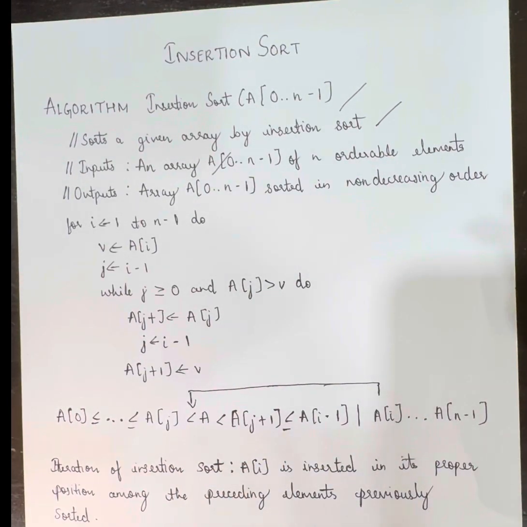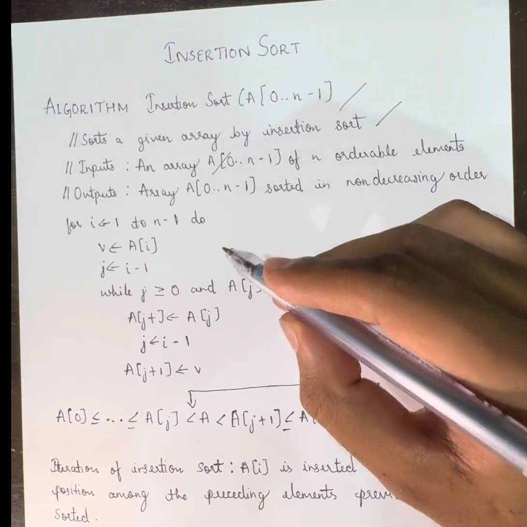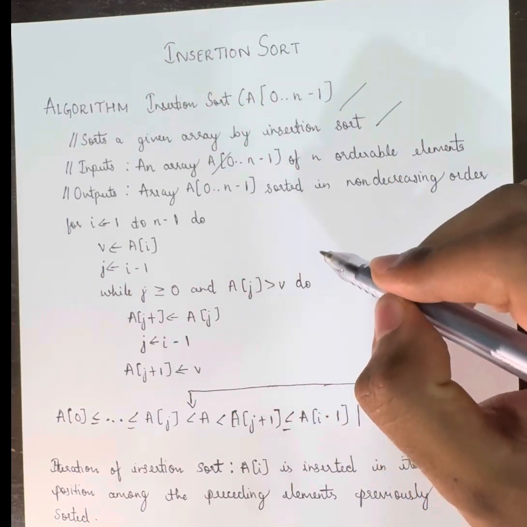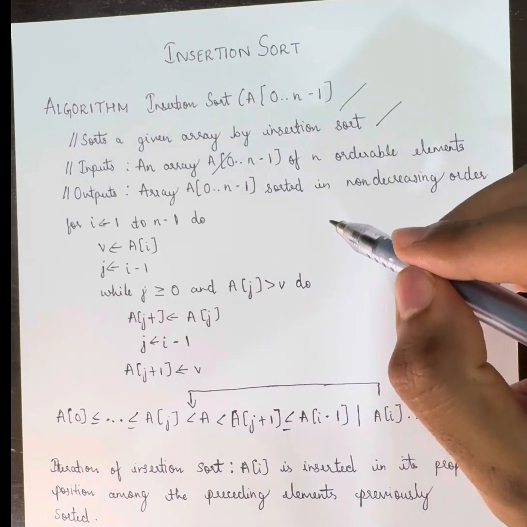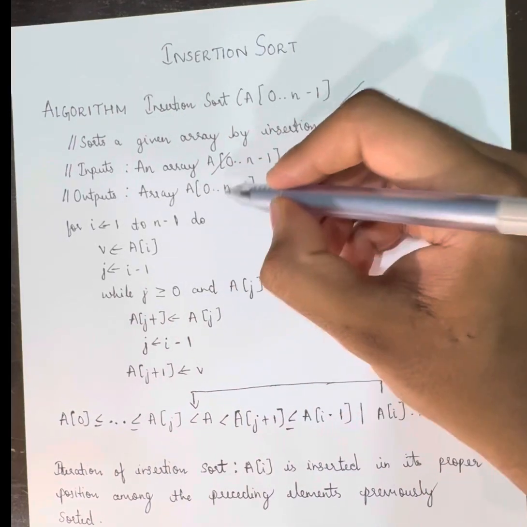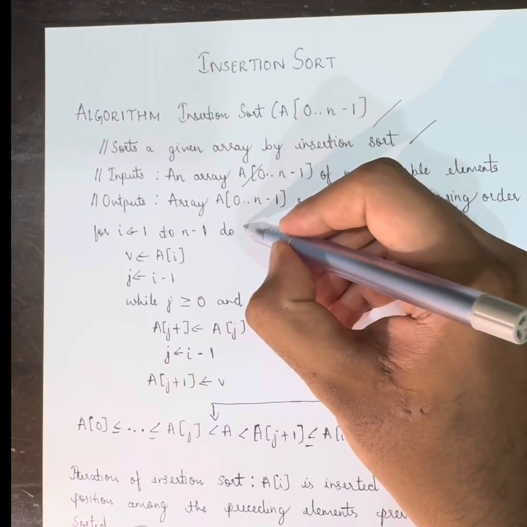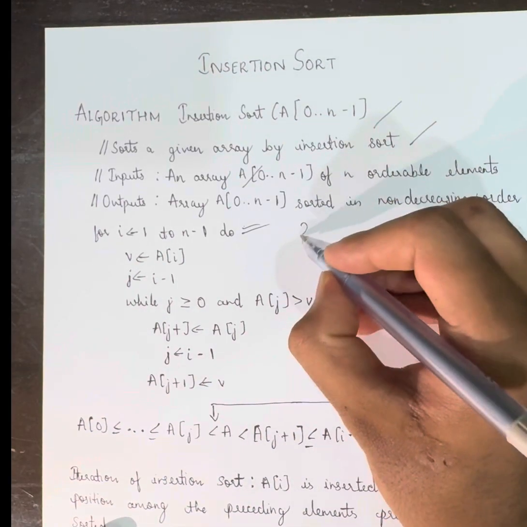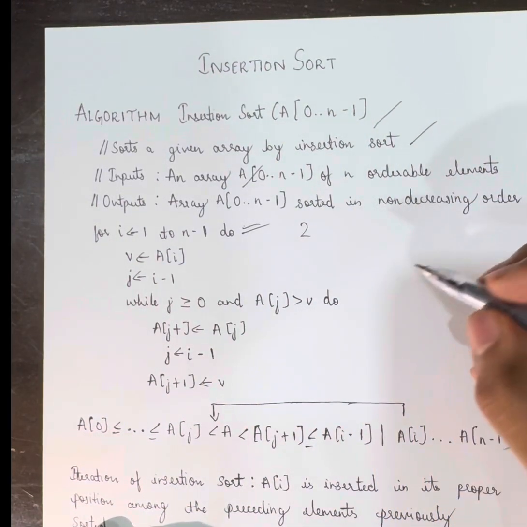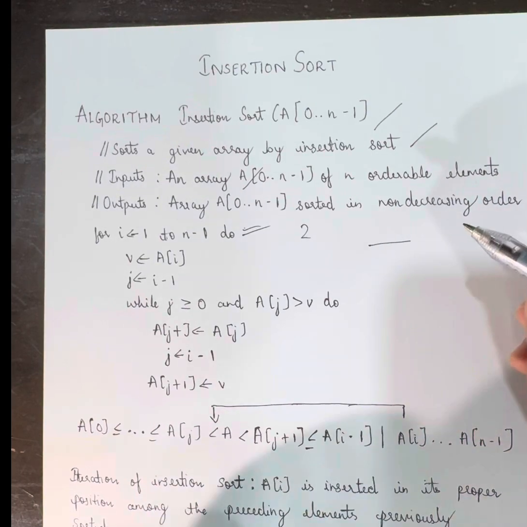Now let us come to the algorithm: for i from 1 to n minus 1 do. This is the main loop of the algorithm. It starts from the second element and goes to the end of the array.